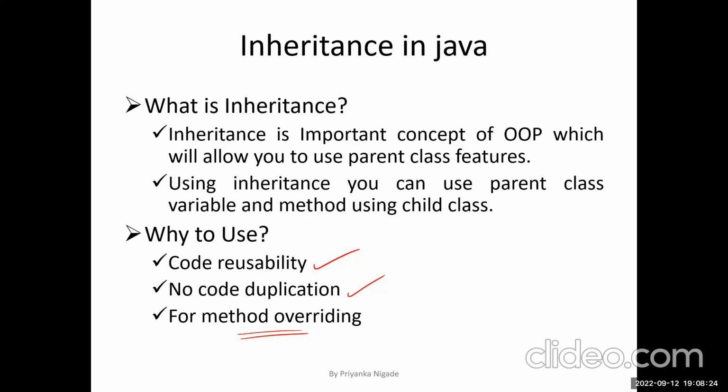In polymorphism there are two categories, method overloading and method overriding. When you use a same name method in the same class with different signature, that means you can change the number of arguments, the type of arguments, or the order, that is called method overloading.